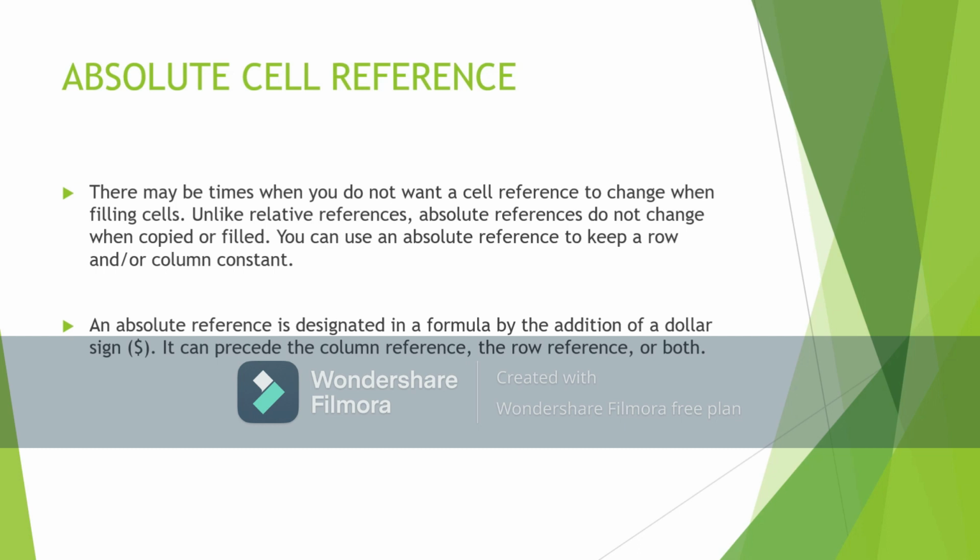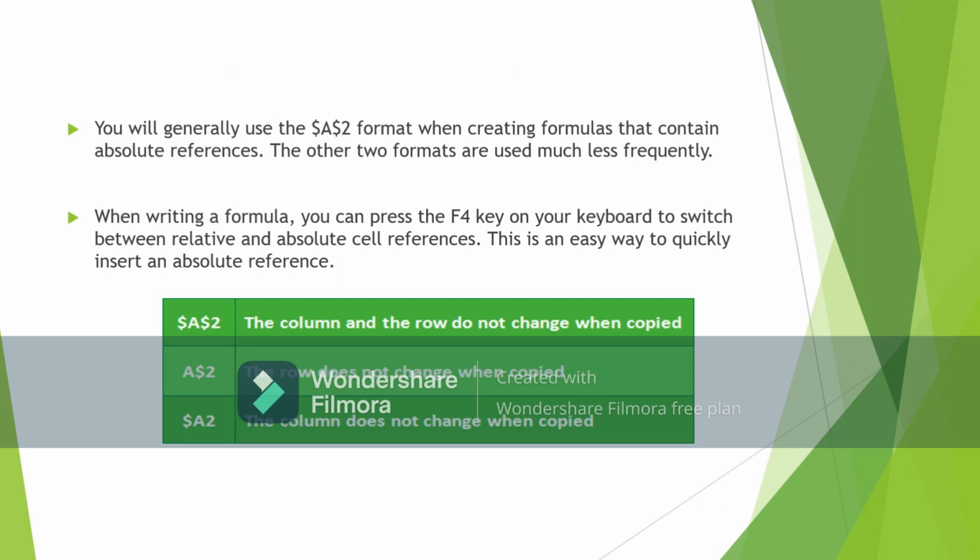It can precede the column reference, the row reference, or both. You will generally use the $A$2 format when creating formulas that contain absolute references. The other two formats are used much less frequently.